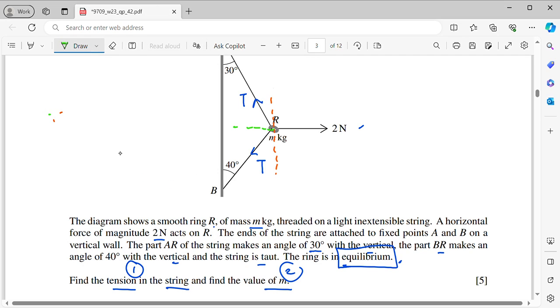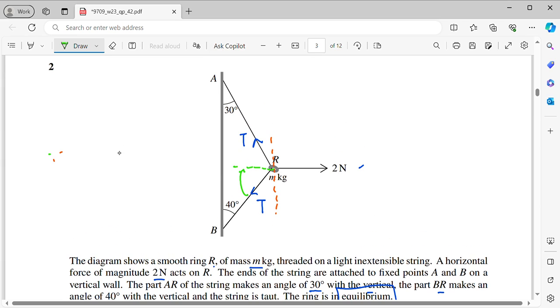So if I resolve horizontally, that means I'm resolving this T in this direction, and the T at R moving down. For your information, I need these two angles, but these two angles are not given. So I'm going to use the 30 and 40 degrees. If you are using the alternate angles, that means it will be sine.